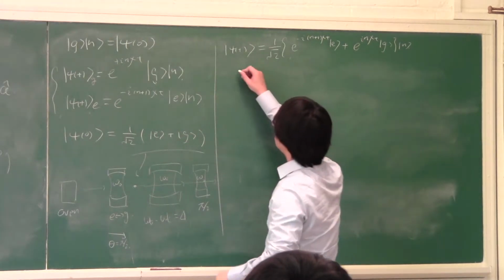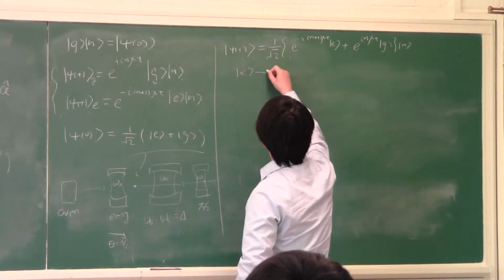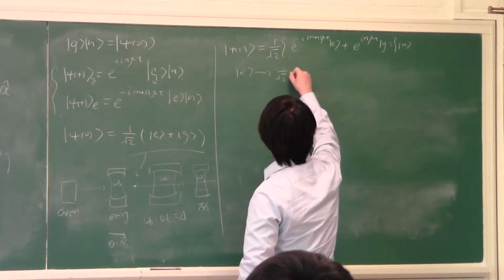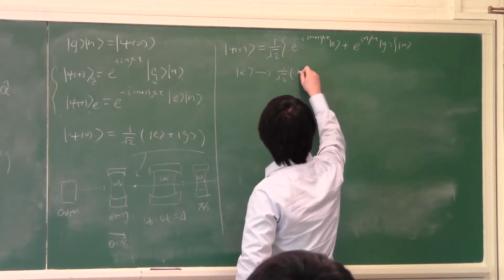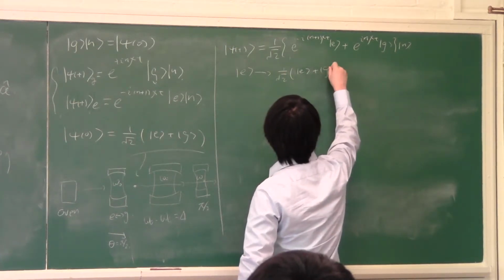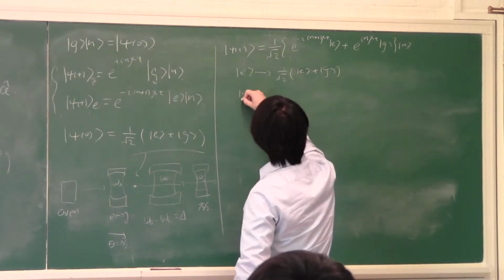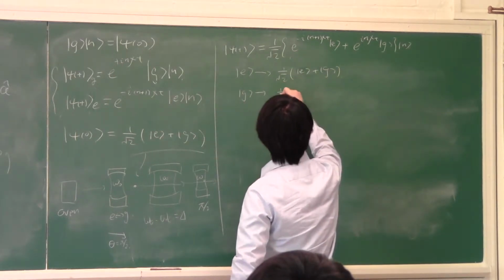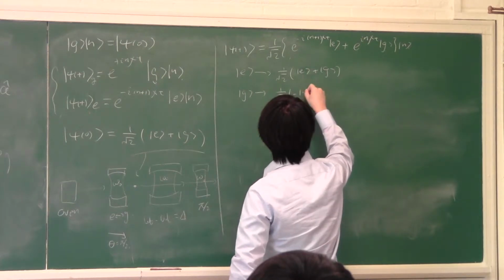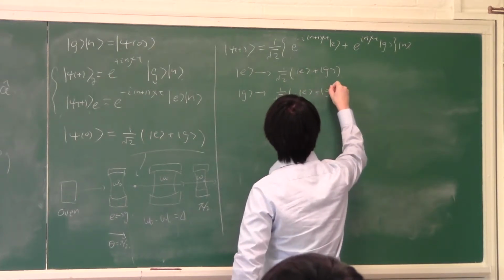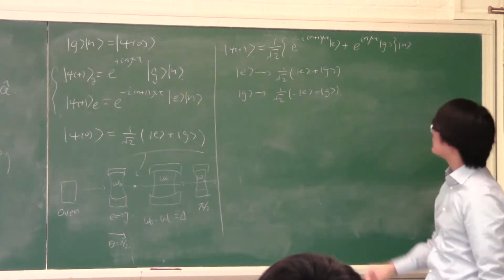So E is going to go to 1 over square root of 2 (E plus G), and the ground state goes to 1 over square root of 2 (minus E plus G). Okay, something like this.